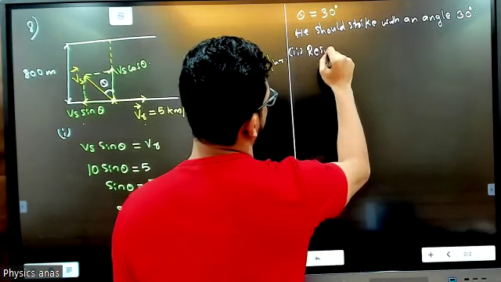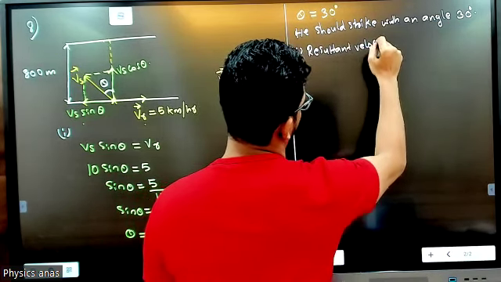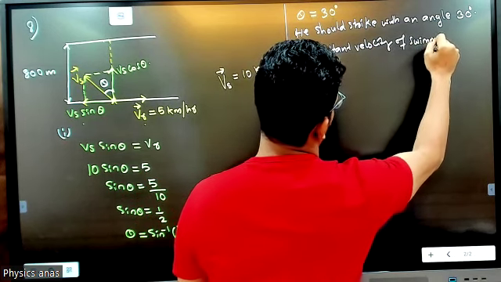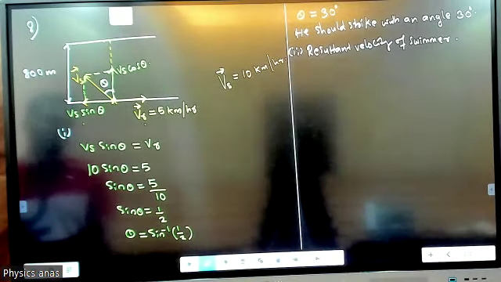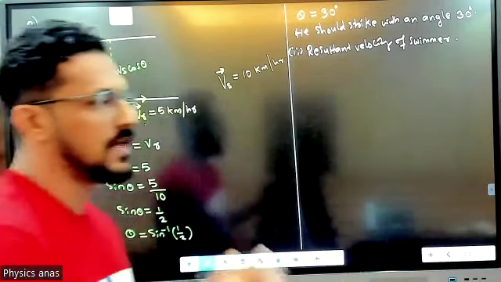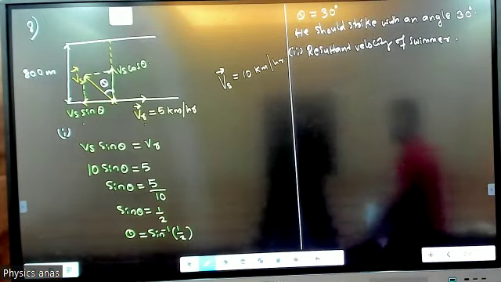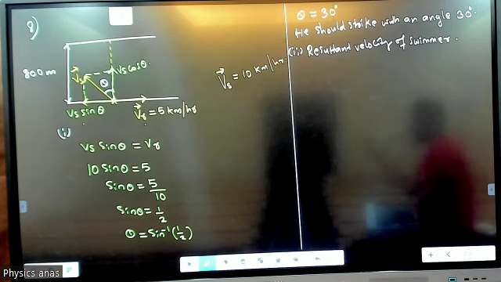Resultant velocity of swimmer. Can you give me the resultant velocity of swimmer from the figure? Not the value, just the name only.